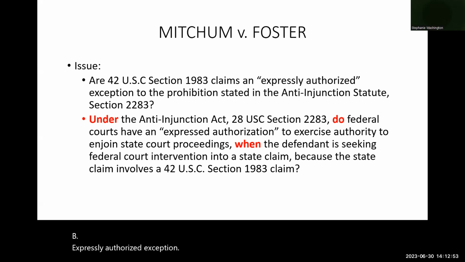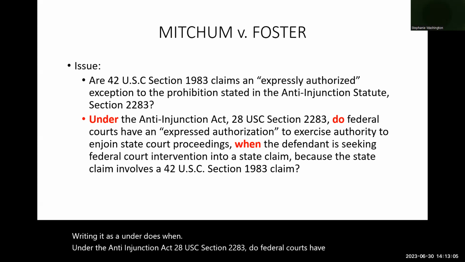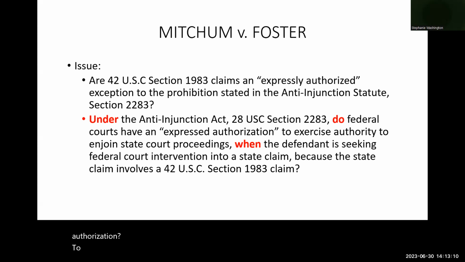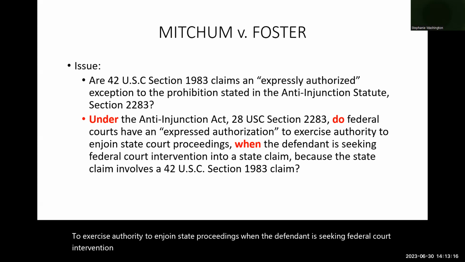Or, written as a question under the Anti-Injunction Act, 28 U.S.C. Section 2283, do federal courts have express authorization to exercise authority to enjoin state proceedings when the defendant is seeking federal court intervention into a state claim that's based on Section 1983?